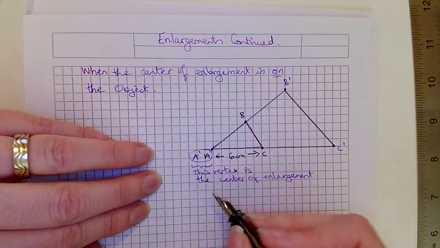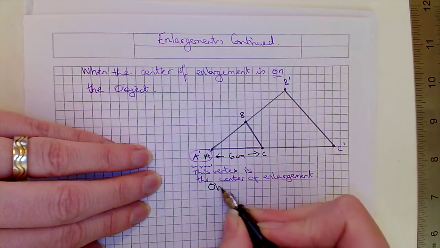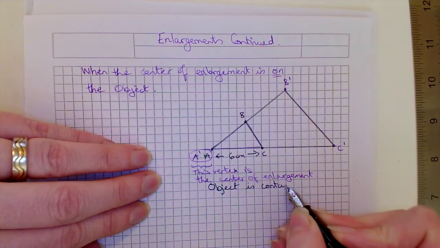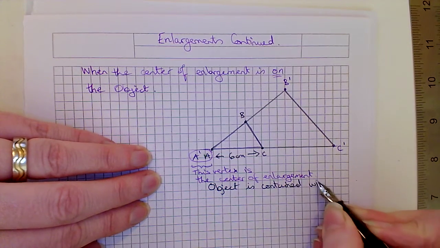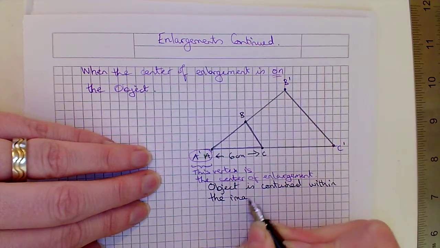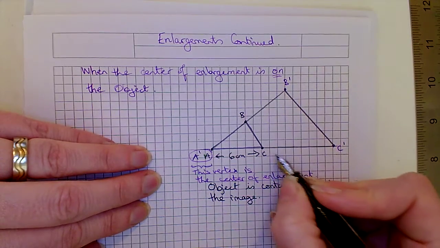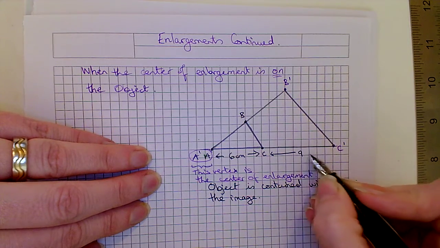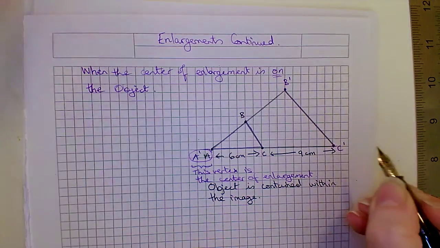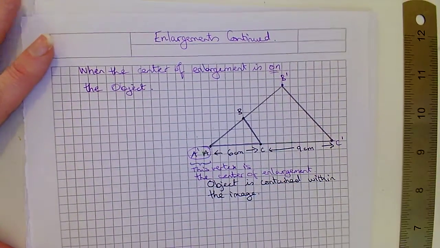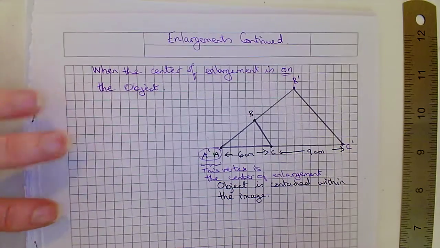Okay, so the object is contained within the image. So a little bit more information that's given to us is that the distance from C to C prime is 9 centimeters.